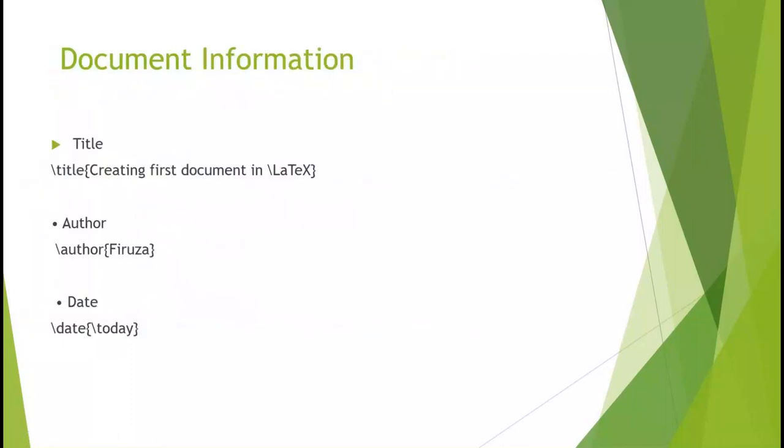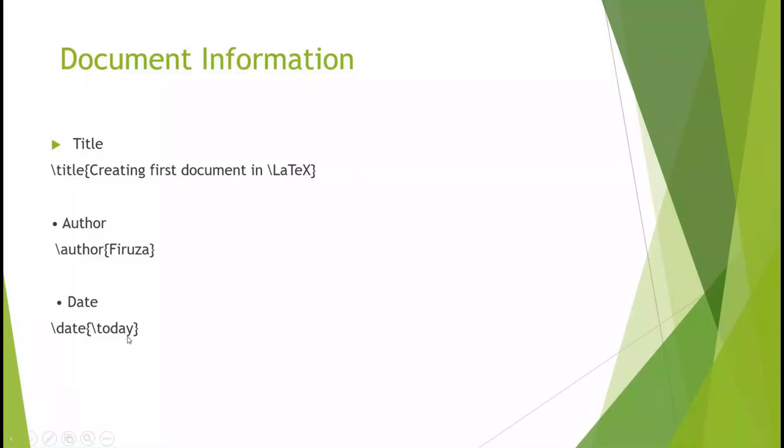Now, usually all documents have title, author and date. With the help of the \title command, we mention our title between the curly braces, in these braces we mention the title of the document. Same is the case with the author and the date.